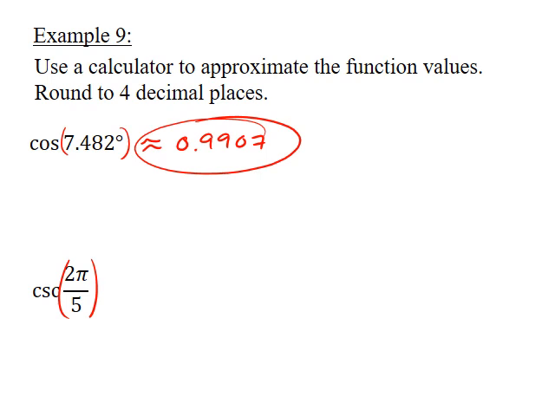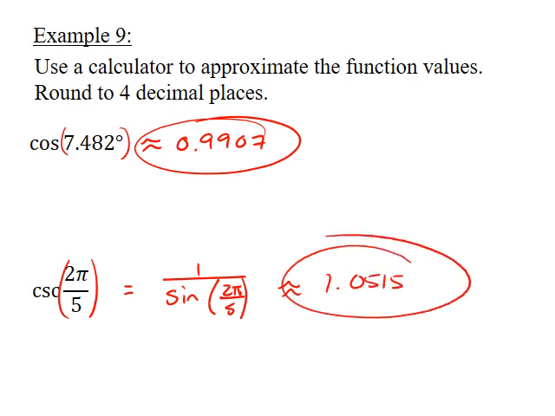Then cosecant, we don't have a cosecant button, so you will have to do 1 divided by sine, because sine and cosecant are reciprocals. When you do this in radian mode, you should end up with this result. And that concludes the notes for section 4.2.